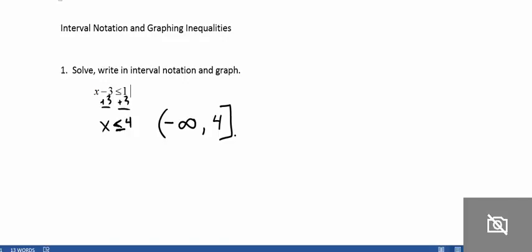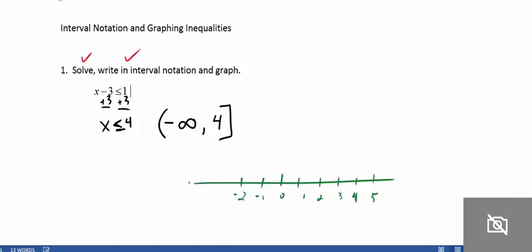Now here's where things are a little different, and this is what I really want to explain: how to graph that. We solved, check, we wrote it in interval notation, check, and now for the graph. Let's say we have an empty number line: 0, 1, 2, 3, 4, 5, and going back, -1, -2, and so on.